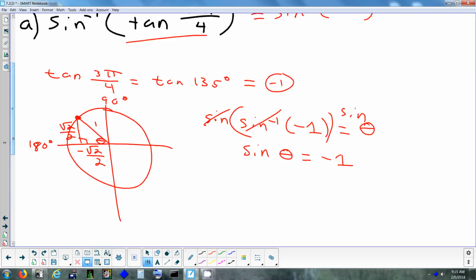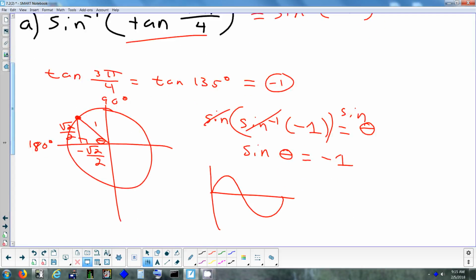A couple ways you can think about that. You can think about it as a picture. Here's a picture of sine. And think about where you would have to go on the x-axis to hit negative 1 on the y-axis. That's the answer. Or you could look at it on the unit circle. We know that sine on the unit circle is the y value. So think about what angle you would have to be at to go down 1 and hit a y value of negative 1.